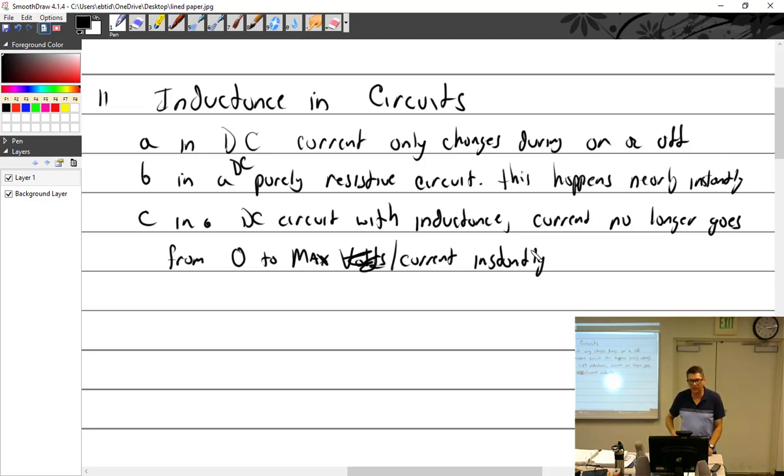So when I turn on the switch in a DC circuit that's got a coil, instantly the current wants to flow. But it gets to the coil, and magnetic flux builds up.